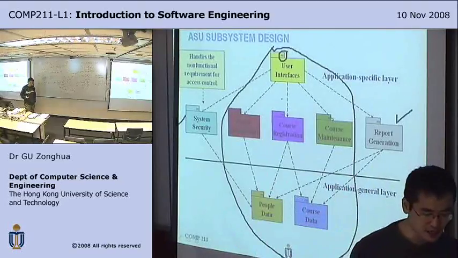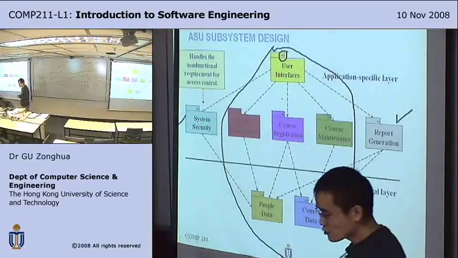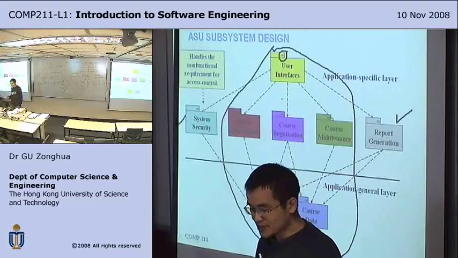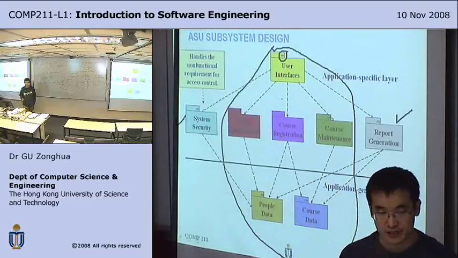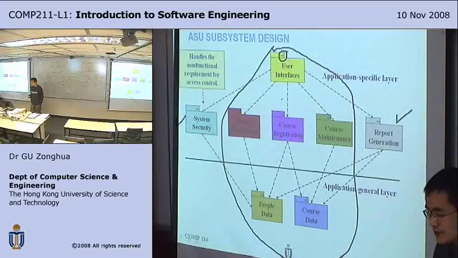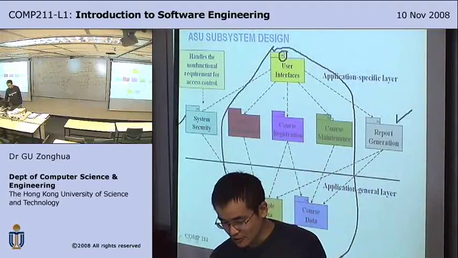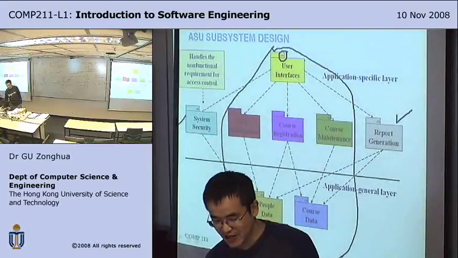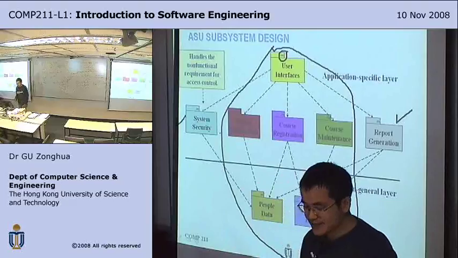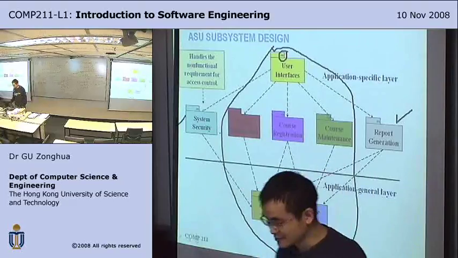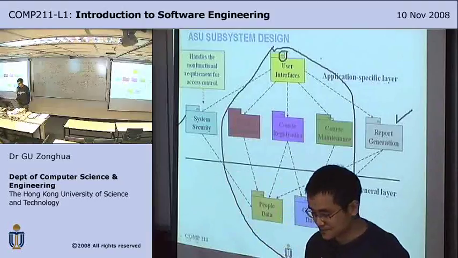Because these are really cross-cutting non-functional requirements, that's not directly part of the functionality. So in the analysis stage, you don't care about security. You only care about what the student can do, what the professor can do. But in the design stage, you need to consider that by adding two additional subsystems in addition to the functional subsystems directly related to the analysis packages.